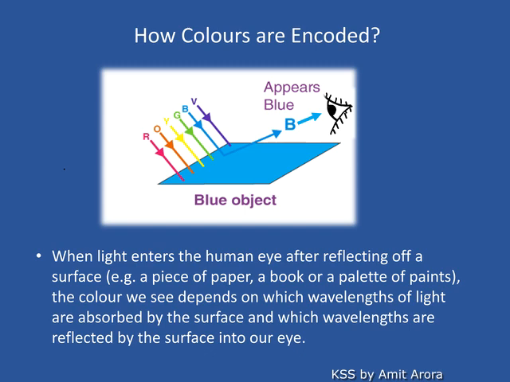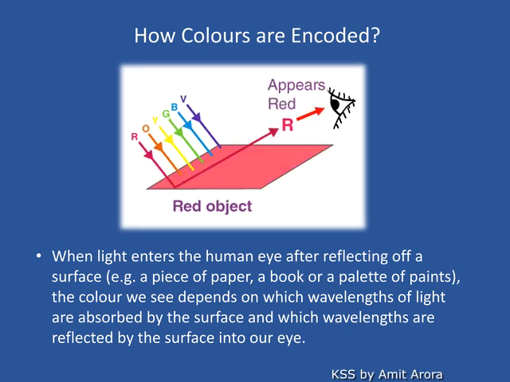Therefore, when light enters the human eye after reflecting off a surface like a piece of paper or a palette of paints, the color we see depends on which wavelengths of light are absorbed by the surface and which wavelengths are reflected by the surface into our eye. So in this example, we are able to see the surface as blue because the wavelength of blue reached our eye.